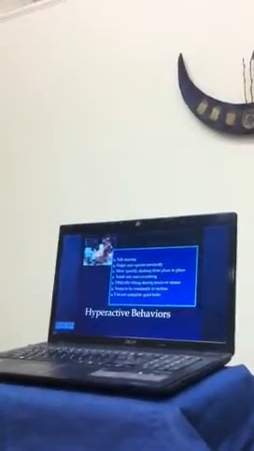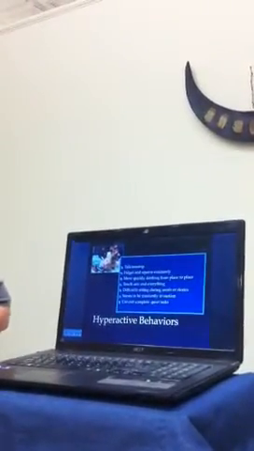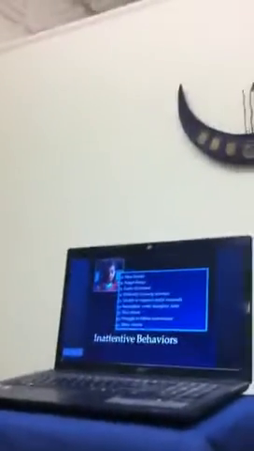So some common hyperactive behaviors: talking nonstop, fidgeting, moving quickly, difficulty sitting, and not being able to complete quiet tasks. I think we're all pretty familiar with those. Inattentive behaviors sometimes go unnoticed because they don't necessarily present a behavioral problem in a classroom. So this is a child who misses details and forgets things.